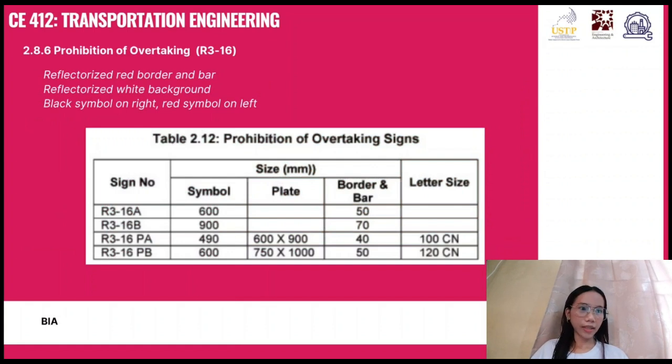So next is 2.8.6, prohibition of overtaking R2 to 3 to 16. Na siya reflectorized red border and bar, reflectorized white background, black symbol on right and red symbol on left.